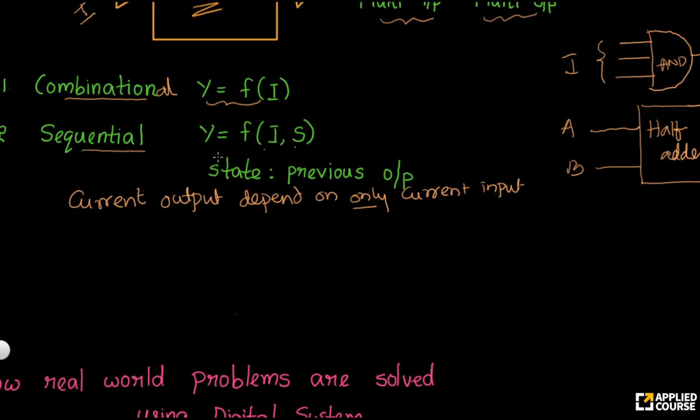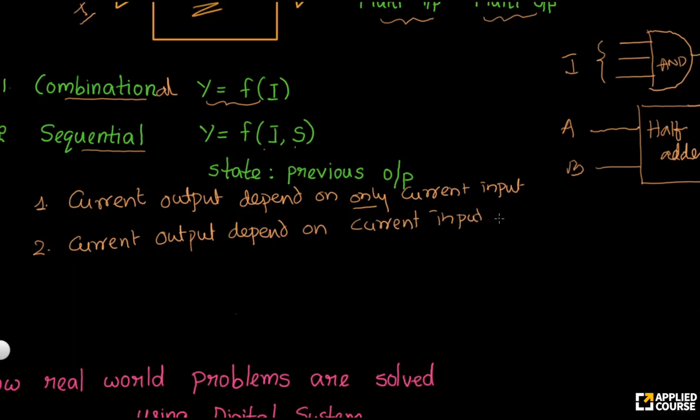Or we can say here the current output depends on the current input or inputs as well as the previous output or outputs, based upon the nature of the system. The system which has this behavior is called a sequential system.